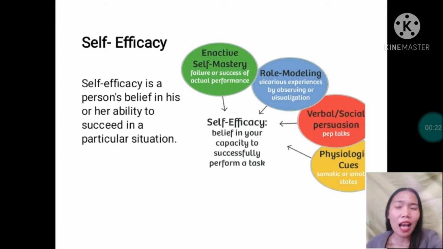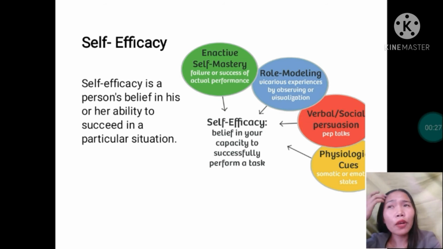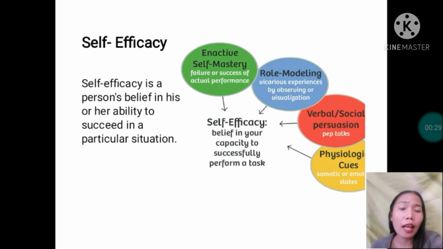So, ang self-efficacy naman, nagkakaroon lang nito kung ang taong nagbibigay ng motivation ay dapat positive. If the person gives you motivation in a negative way, mababa yung self-efficacy niya. So ganun din, ito ang way kung paano natin i-develop ang ating self-efficacy.